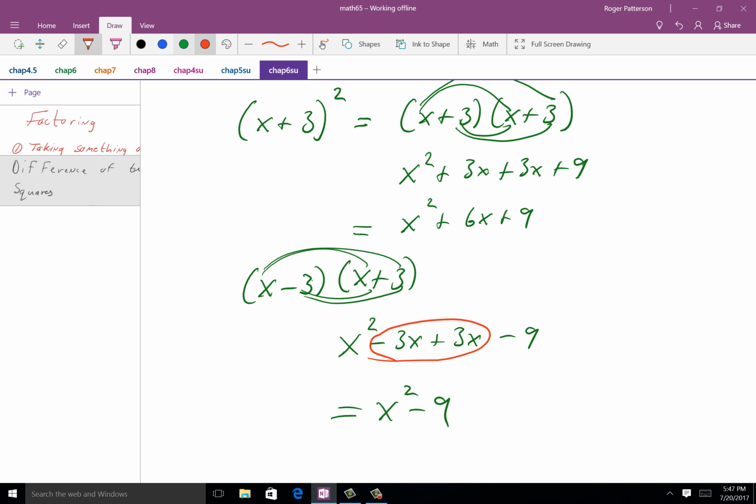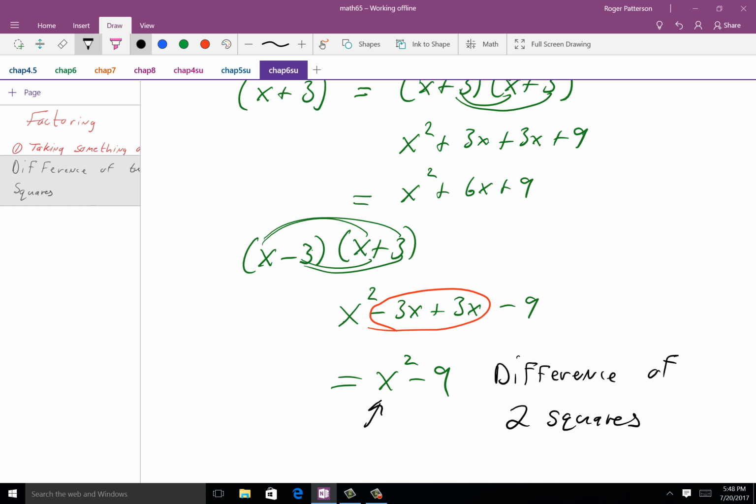So this one is actually called a difference of 2 squares. Because this one is a square and this one is a square. All right. So what we're going to do is start off with this problem and work back to here. Okay, so we're unFOILing again, but this technique is called the difference of 2 squares.